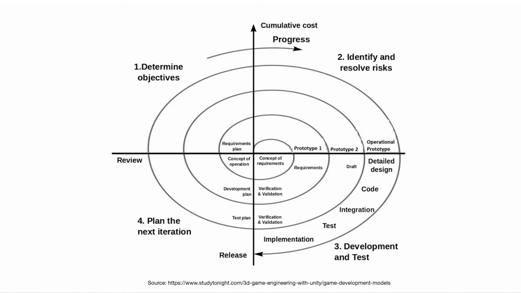So, okay, let's talk about this spiral. In the middle, you can see it has the concept, right? You start with a little concept, similar to any application development. You do a prototype, you fit the requirements, and you start to validate, right?